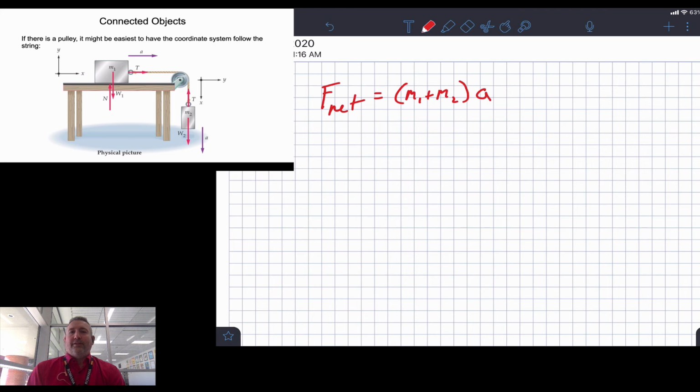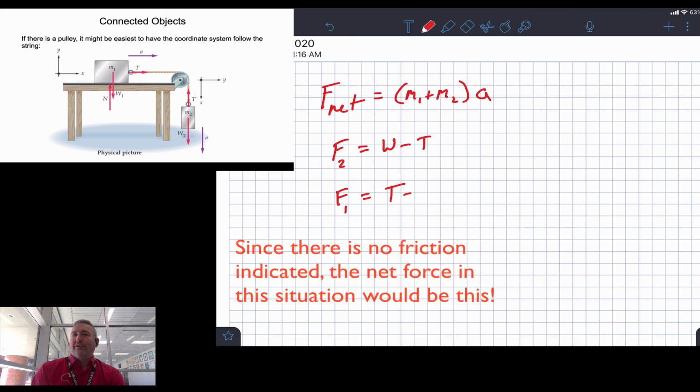And if we look at the forces on those, mass 2, the tension between that and the weight, we have to have for the force on 2, that's equal to the weight minus the tension, and force on mass 1 is equal to the tension minus any friction force. Now, it doesn't say that we have any friction force on this.